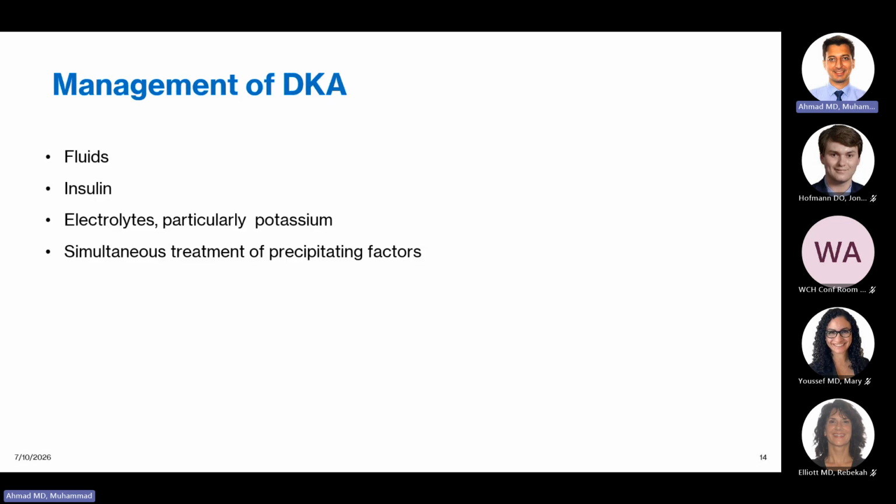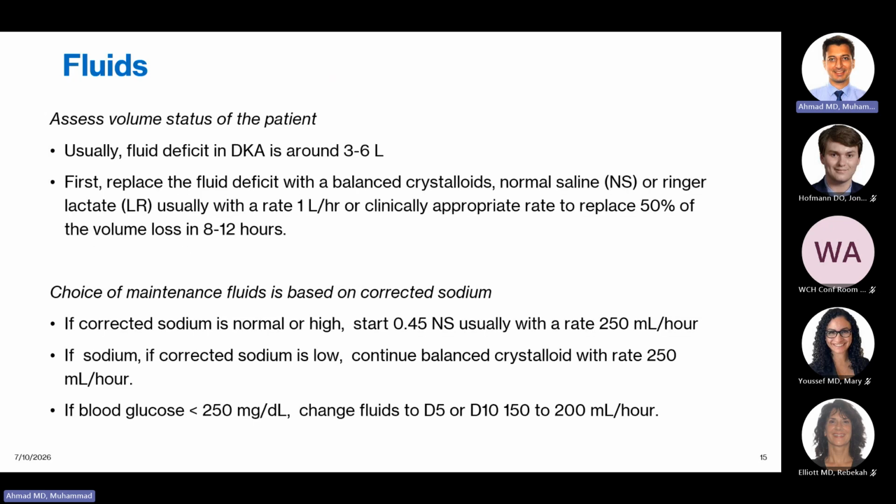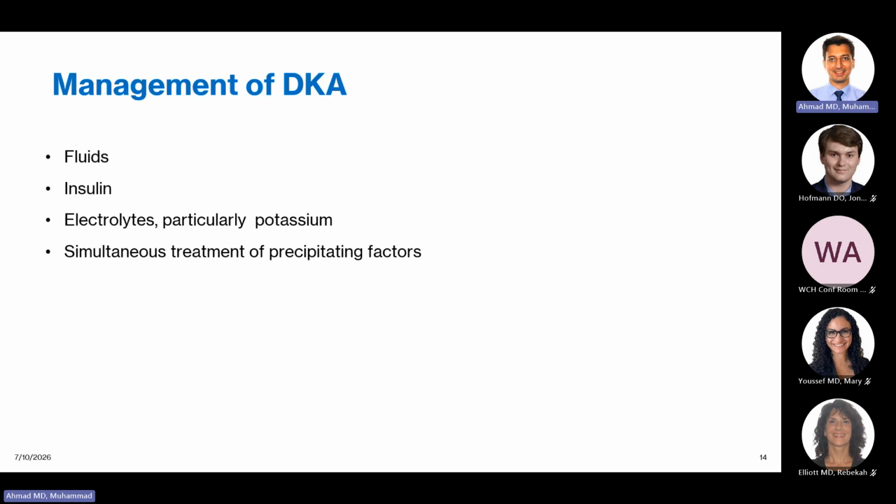So for the management of DKA, we need to know the basic management and the most important things to do when we get the patient from the emergency department. We have to see whether the patient is on appropriate fluids.